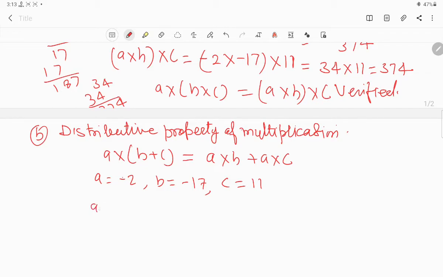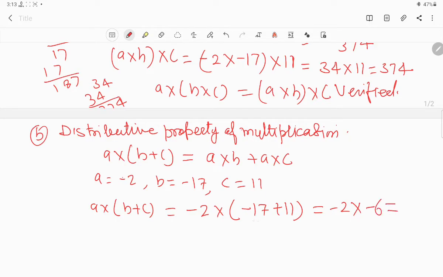So first take A into (B plus C) is equal to -2 into (-17 plus 11), is equal to -2 into -6, that is, the product is 12.